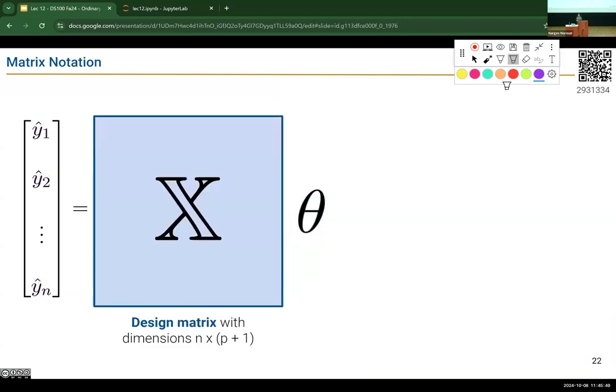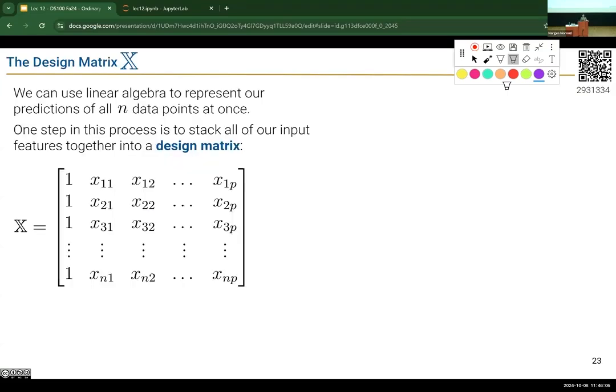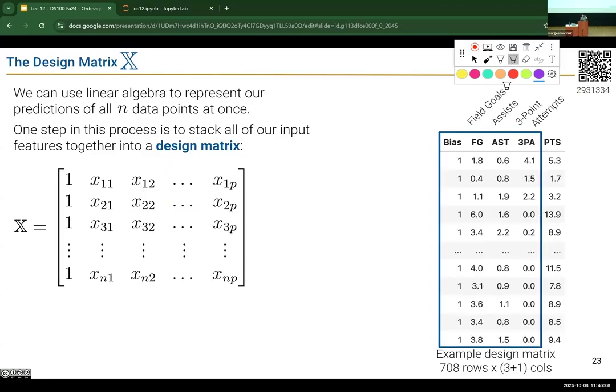So what we're calling this matrix that I created is a design matrix. This is exactly the subset of your data frame that you're going to use to do the modeling. It's a matrix that's n by p plus 1 dimensional. And if you take a look at this entire design matrix and how it corresponds to the MBA data set that we had, there are exactly the corresponding rows and columns.